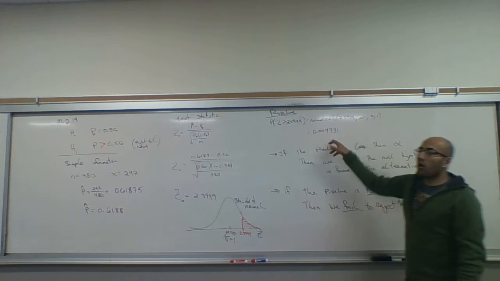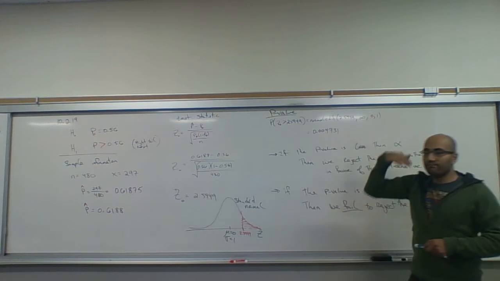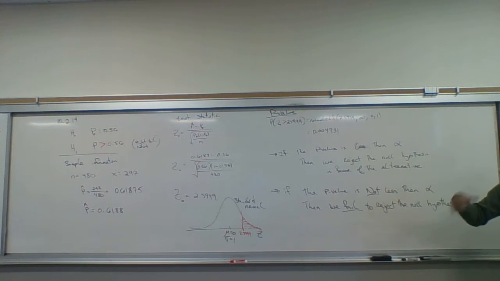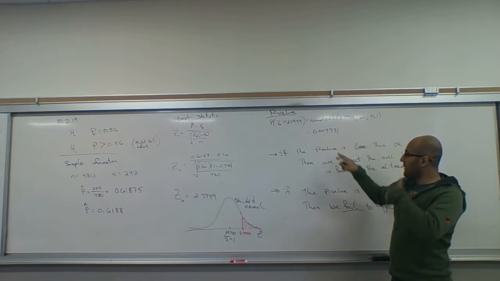So, how small is small enough? Well, it's not really up to you in these word problems. They give you the alpha value. So in this particular word problem, if you recall, the alpha value was 5%. This is less than 5%, right? So it's this one.